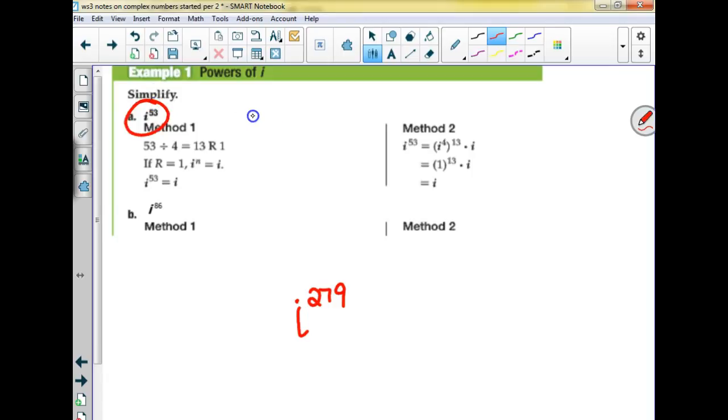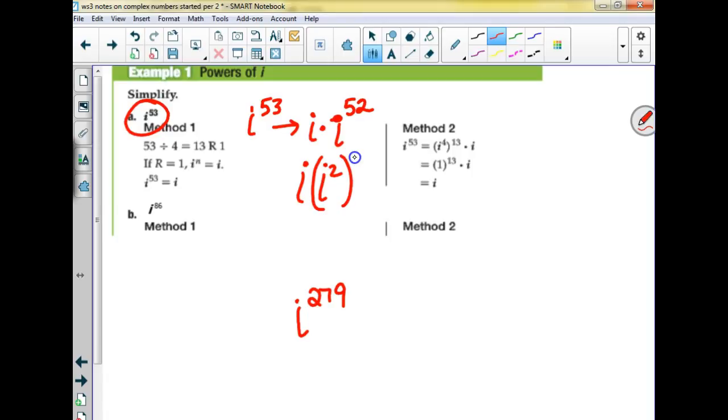They have i to the 53rd here. All right, that is an odd number. So I'm going to poke an i out. Going to put one i out front, and that'll leave how many i's? 52, right? Okay. 52 is an even number, if I divide it by 2, so I have an i squared.